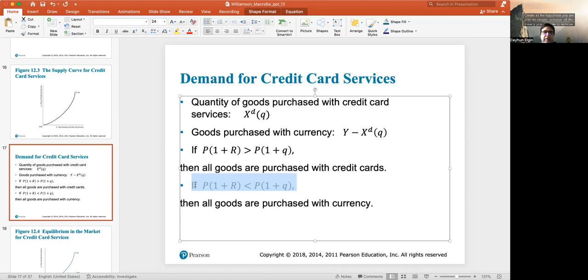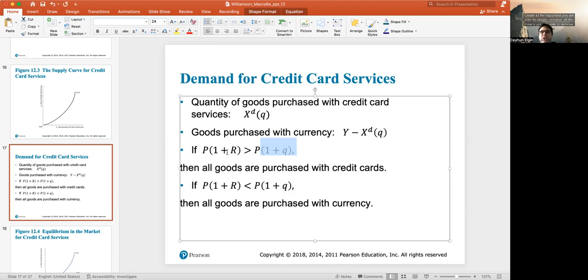What does this mean? Q is the price that you pay to use a credit card. And what is the price that you pay if you use cash to make a purchase? It's actually the interest rate that is foregone, because you are losing the interest that you could earn if you hadn't used your cash to make the purchase, or instead kept it in the bank.